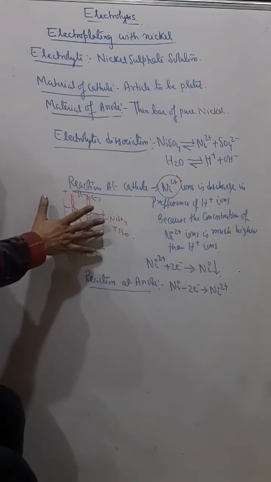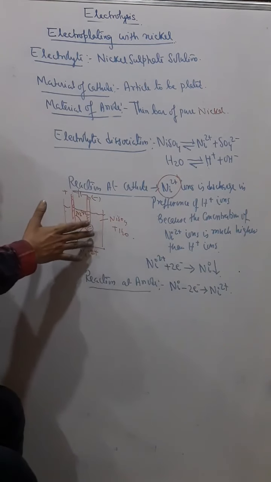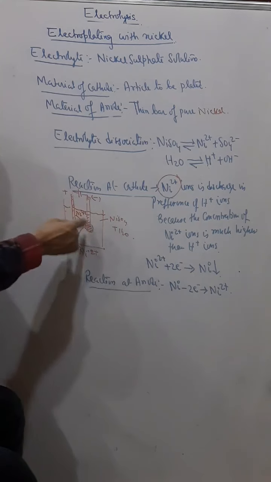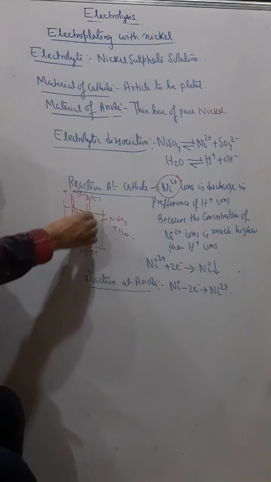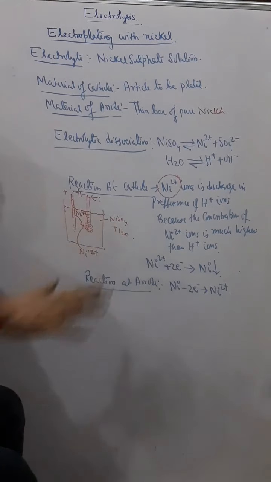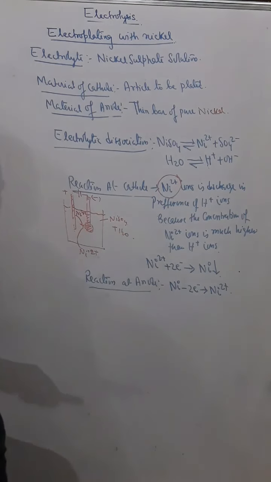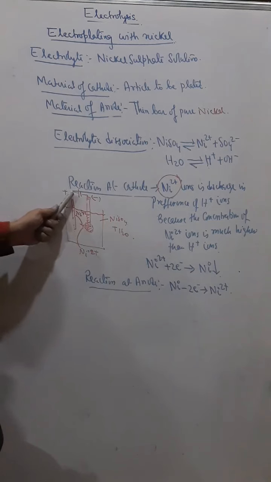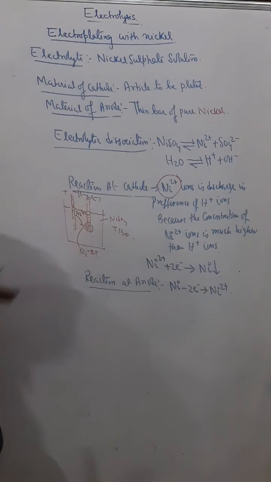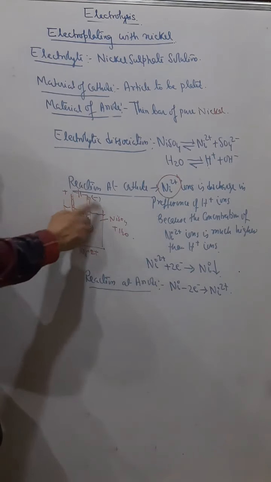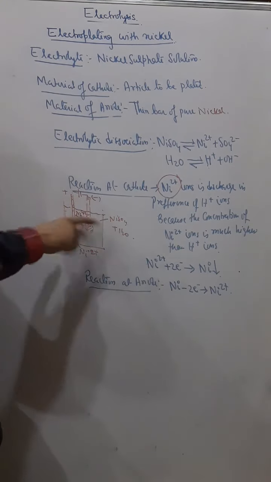We generally continue the electroplating according to how much thickness we require. The more time you give, the thicker the electroplating will be. And naturally we use DC, direct current, like from a battery, and not the AC current used in a household, because in AC the positive and negative constantly change, so cathode and anode would constantly change.